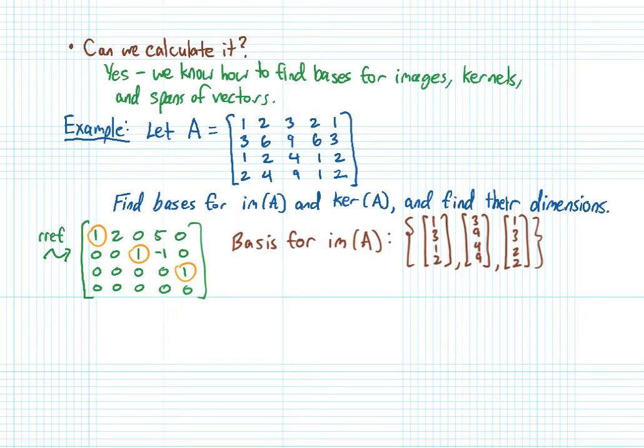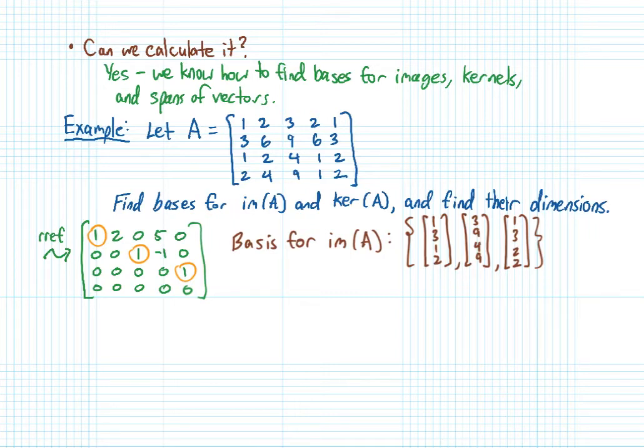The fact that the second column in the reduced echelon form is 2 times the first column corresponds to the same relationship in A, that the second column of A is 2 times the first column of A. And even though it takes some calculation to double check, the relationship for the fourth column that we see from looking at the reduced echelon form is that the fourth column is 5 times the first column minus the third column. Check that it's true using the columns of A, that the fourth column of A is 5 times the first column minus 1 times the third column.